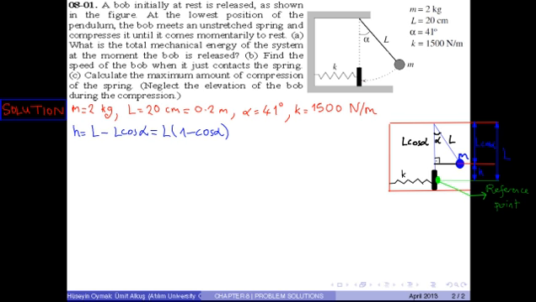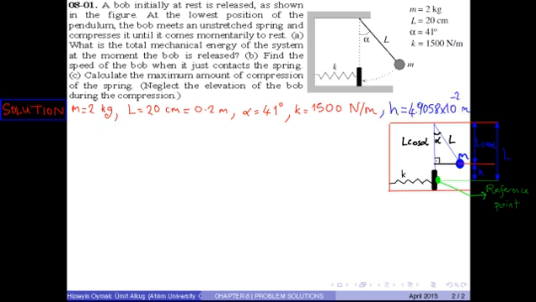Substitute the corresponding numerical values as 0.2 meters times (1 minus cosine 41 degrees), and you get 4.9058 times 10 to the minus 2 meters in scientific notation. Since we will use these results from now on, we write it in 5 digits.